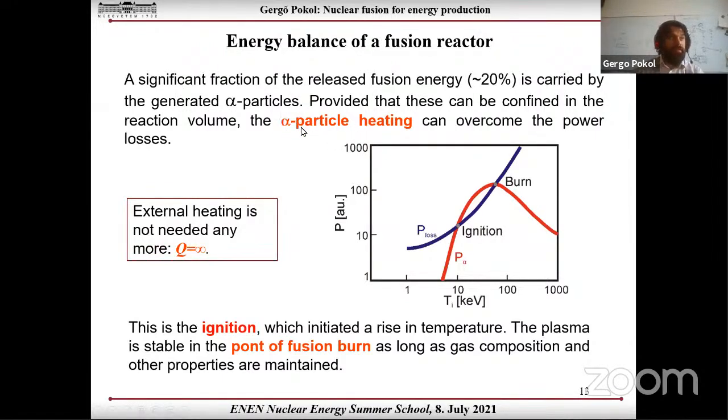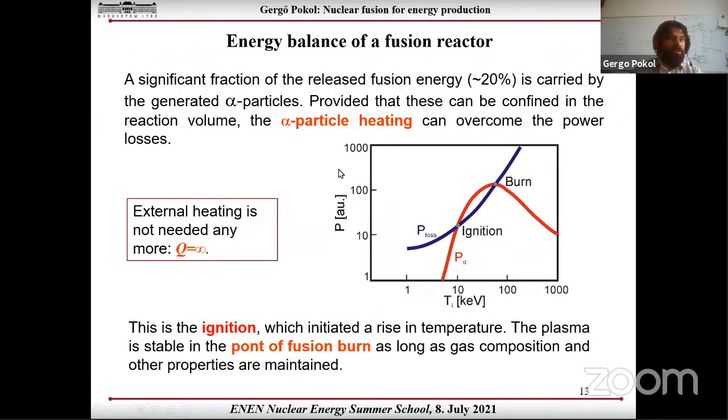And about 1/5 of the energy of the reaction is put into this particle. The 4/5 are carried by the neutron. And this alpha particle is a charged particle. It really likes to interact with the deuterium and tritium ions in the plasma, so it can distribute its energy and heat the plasma.